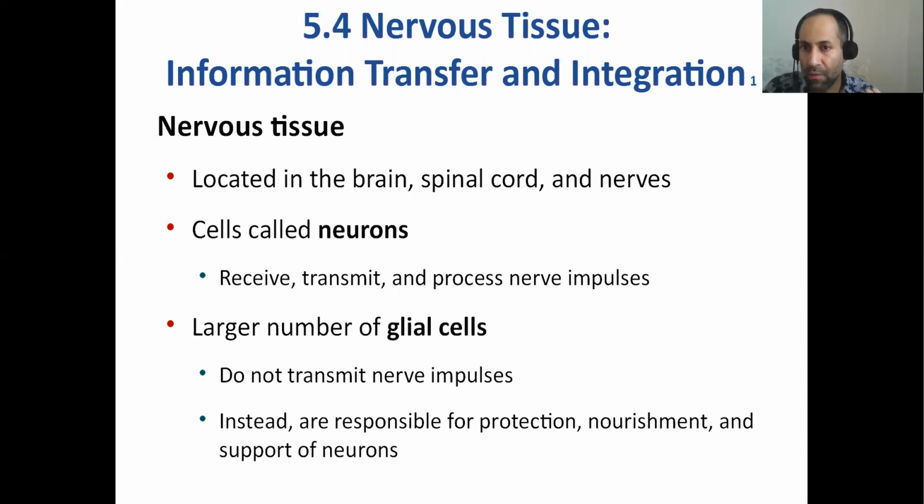And then you also have an even larger number of glial cells, which is a mind-boggling thought, because how many neurons do you have? Approximately we have as many neurons in our brain as there are stars in all the galaxies in the universe, all right? So what is that number then? Let's get a fair idea here. In our very own Milky Way galaxy, there are approximately 100 billion stars, okay?